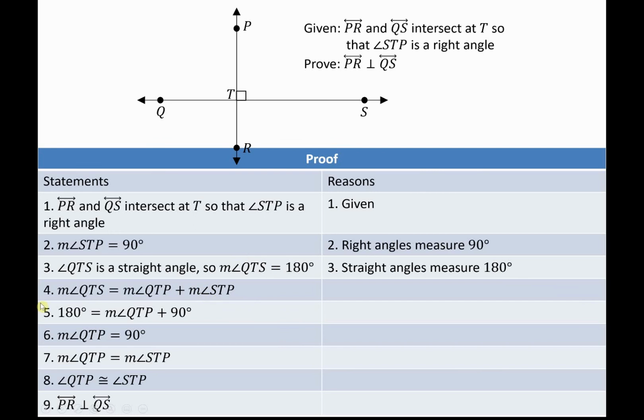Let's move on to statement 4, where I state that the measure of angle QTS is equal to the measure of angle QTP plus the measure of angle STP. So QTS, the straight angle, is angle QTP measurement added to angle STP measurement. Yeah, they're adjacent angles. So I'm using angle addition postulate. You guys feel me on that?